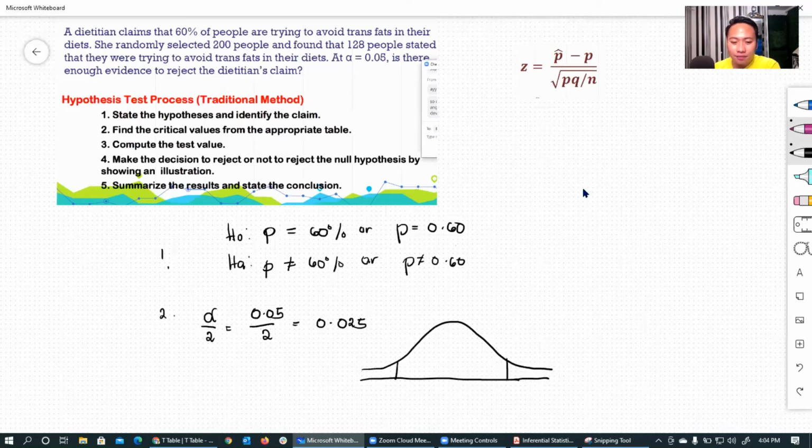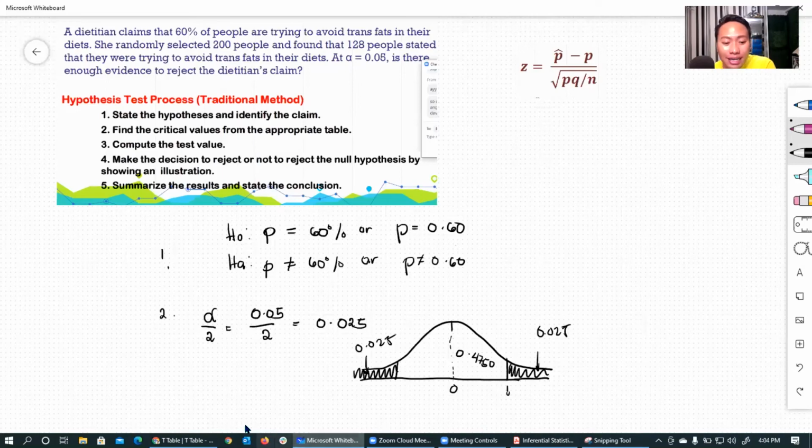So here, 0.025, shade that. Here as well, 0.025, shade that. But our concern here is we want to look for the critical value. Now, we know that half of the graph is 0.50. If we subtract this from 0.50, this area here would be 0.4750. You can try to confirm that using your calculator.